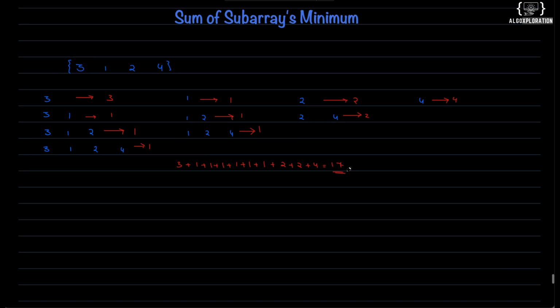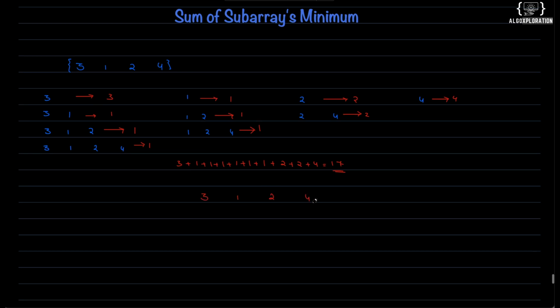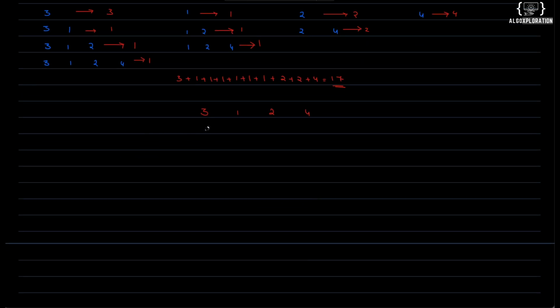Now, how can we solve this? Simply, what you can do is have two for loops in which I will be standing over here and j will also be standing over here. Now you will iterate the j and find the minimum. So for this, the minimum is 3. For this subarray, you can see that the minimum is 1.